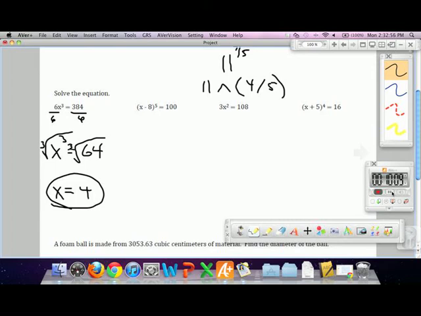So let's use a 5th root to undo this 5th power, which gives you x minus 8 is equal to the 5th root of 100. How would you calculate this? Can someone calculate this as a decimal for me real quick? What's the 5th root of 100 as a decimal? 2.51.